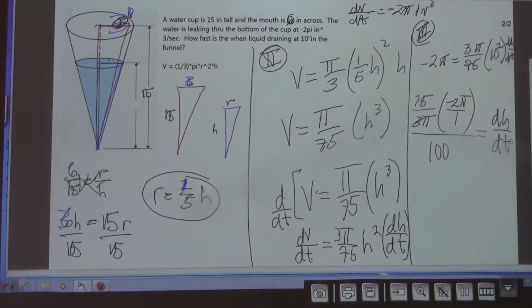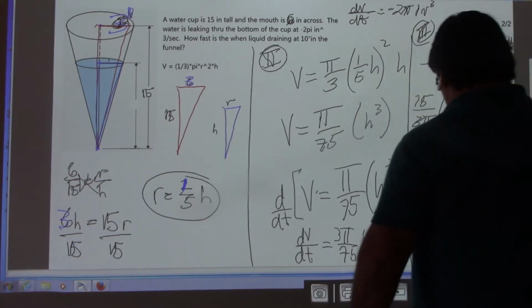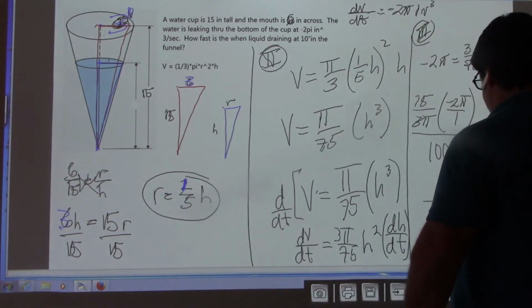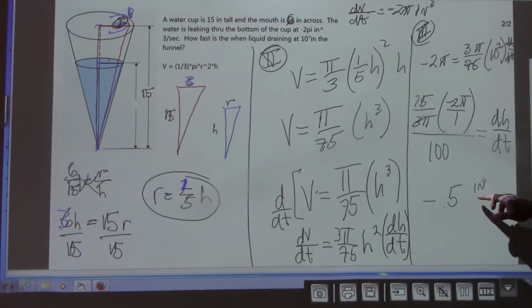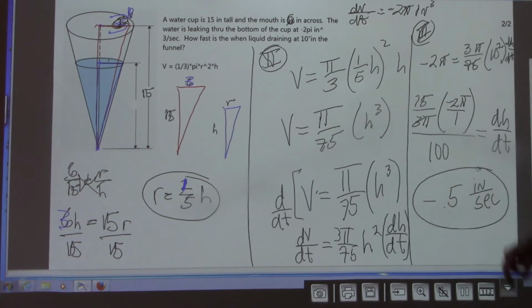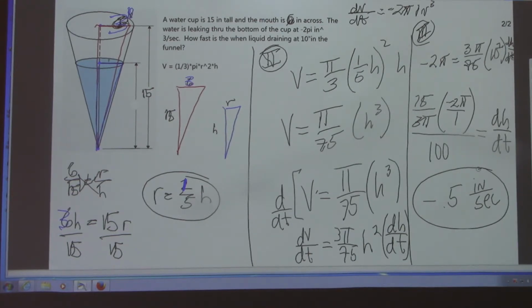And that means if you do all this math, you should get negative 0.5, should be inches per second. So close to a half inch per second. And that's that problem. I've got a couple more that I'm going to give you for homework.